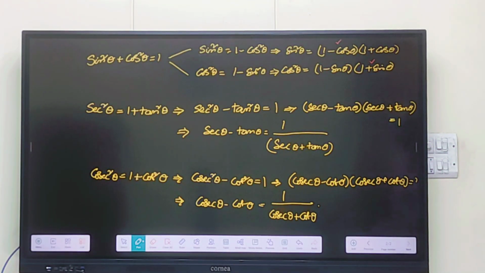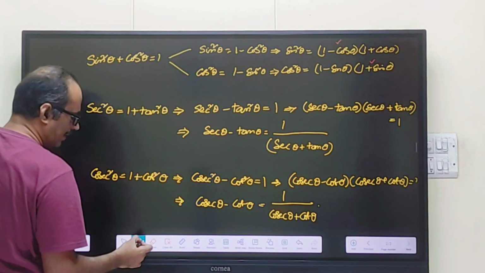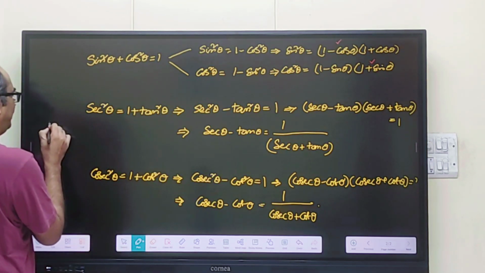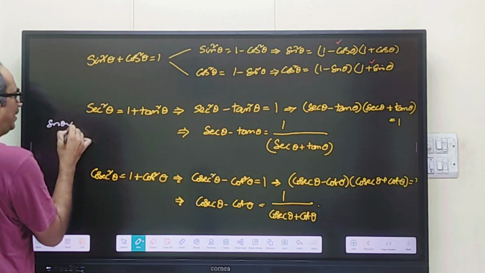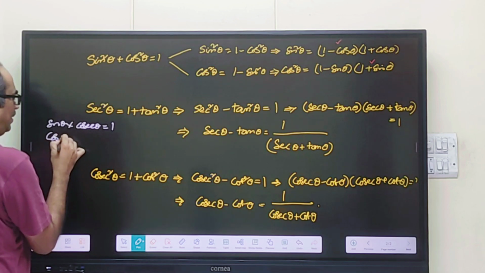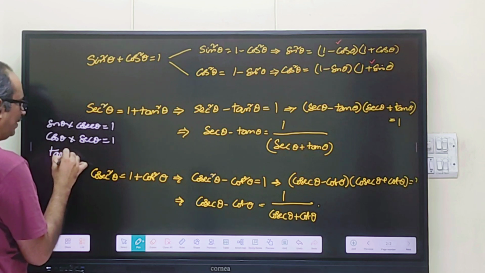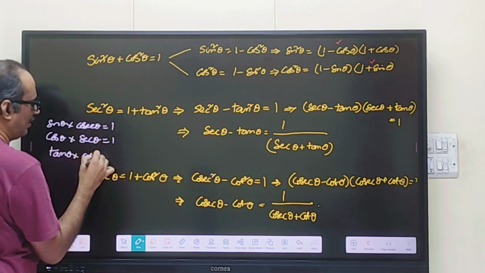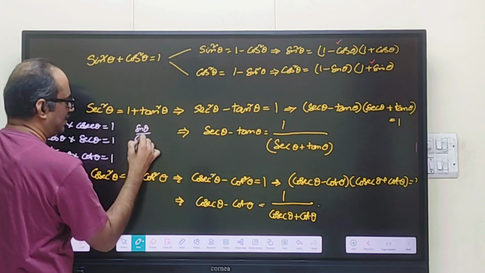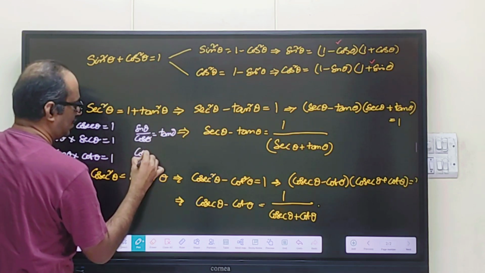Now, combined with our other formulas, not identities actually, whatever we have, we know that sin theta into cosec theta equals 1, cos theta into secant theta equals 1, tan theta into cot theta equals 1, and we also have sin theta by cos theta is tan theta and cos theta by sin theta is cot theta.